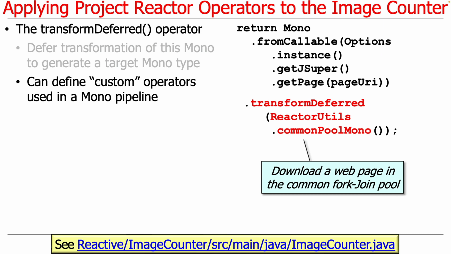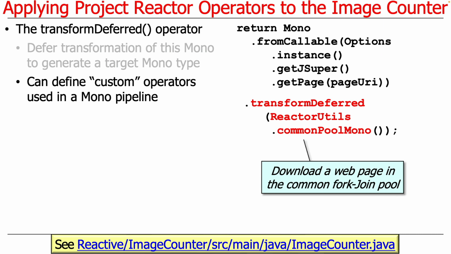So what you can see we're doing here is we're saying, go ahead and get me an HTML page. That's what this stuff up here in black is doing. And we're saying, get me this web page using the common pool that we get from the Reactor Utils commonPoolMono. This is a custom method that I wrote that you don't get out of the box.